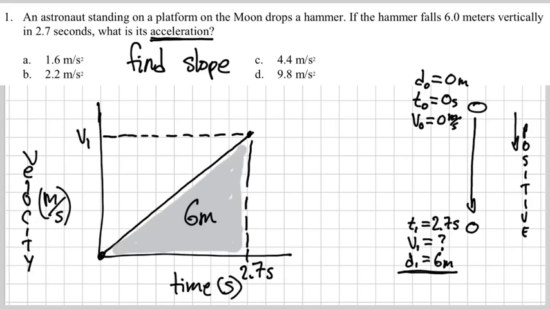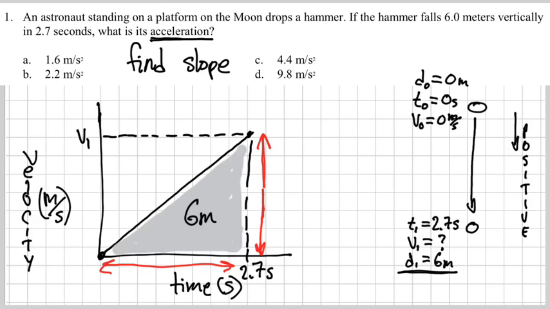Since we know this area is 6 meters, and we know that the base is 2.7 seconds, we can find what this vertical height is. It's V1. So what is V1? You should pause this video again and calculate what that V1 is. Okay, now I'm going to tell you how to calculate V1.